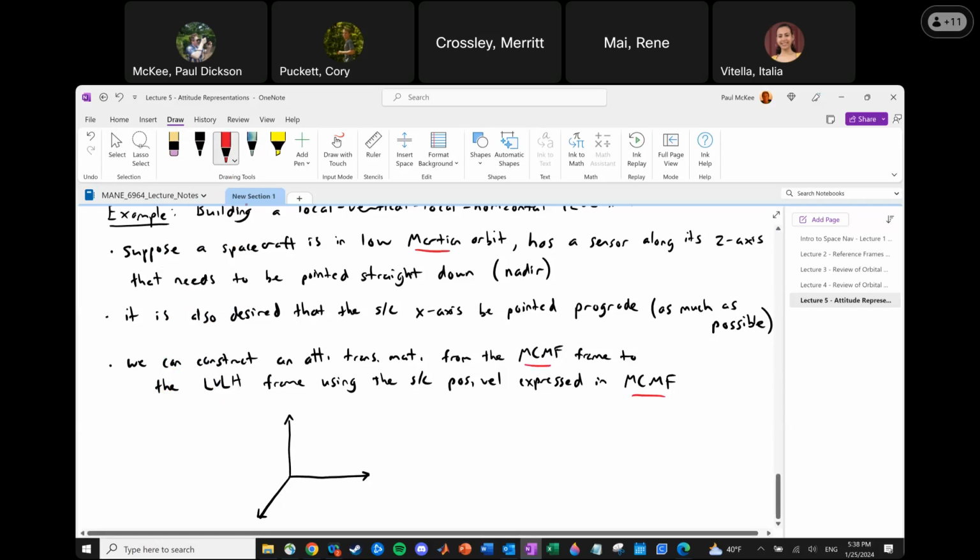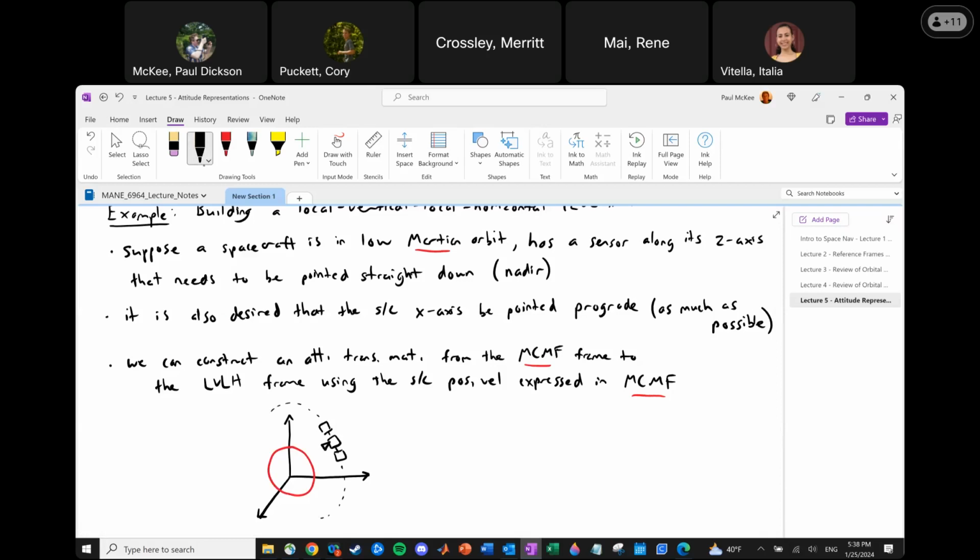You get the idea. So let's say that this is Mars. And let's say that there is a spacecraft with its camera. We're trying to point it straight down. And you know me, I got to put solar panels on it. And it's in some orbit. And this is the MCMF frame.